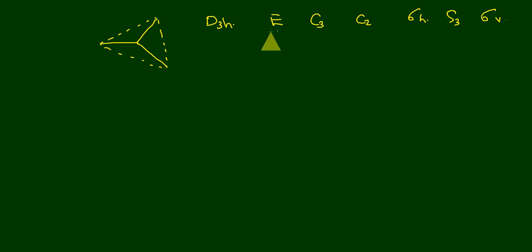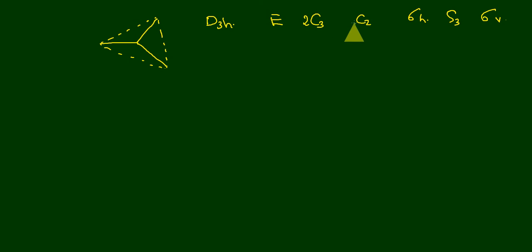If you take the character table, you can see that it is E, then 2 C3 are there, because you can do C3 two times. So C3 and C3 squared are there. That is why we write 2 C3.